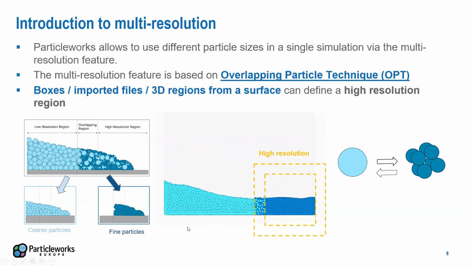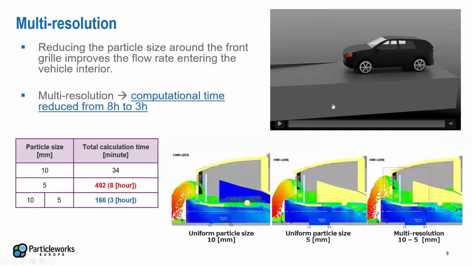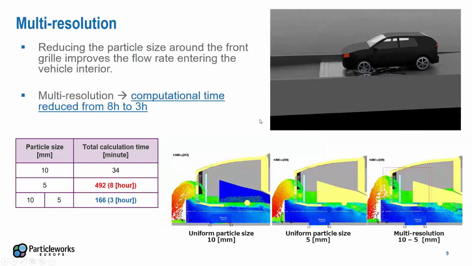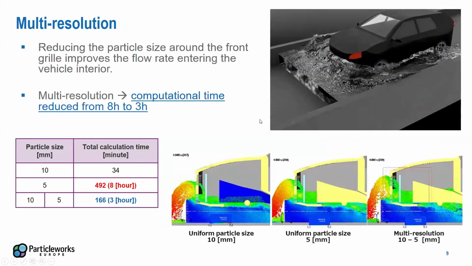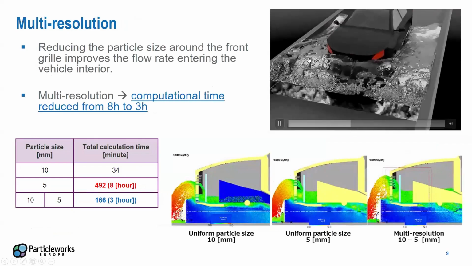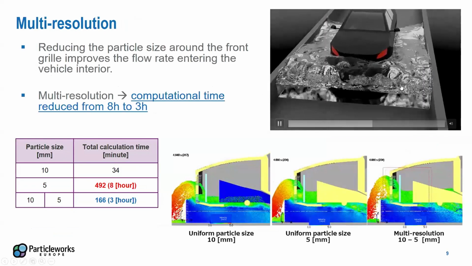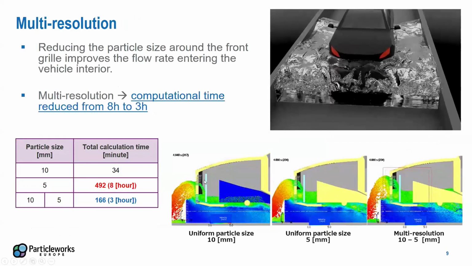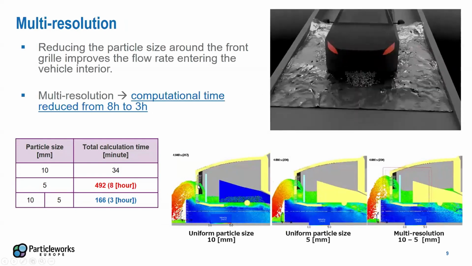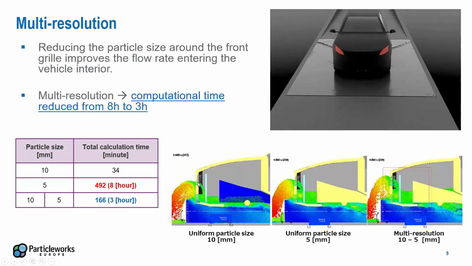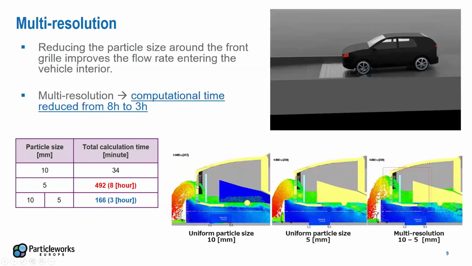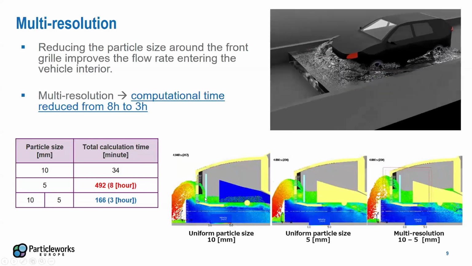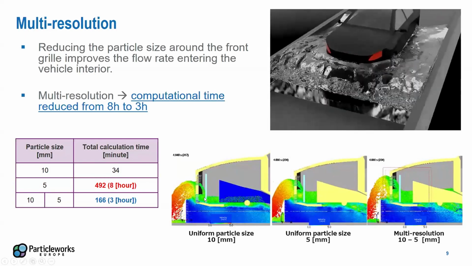So an example of multi-resolution is shown here for a wading application. The idea is that you have to discretize, in this case, quite a bit of a volume. But in some cases, you might be interested in flow in small gaps, like at the radiator side, to evaluate water intake.